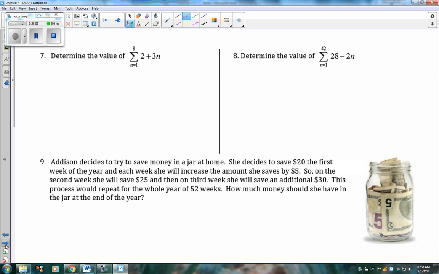Alright. I need 3 things. I need n, a sub 1, and the value of a sub n. A sub 1 is when I plug 1 into n.